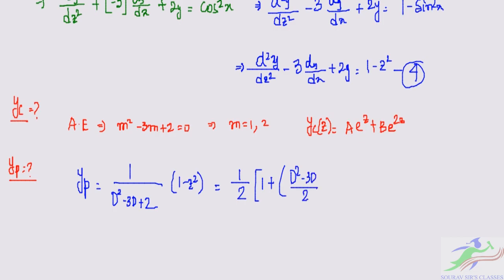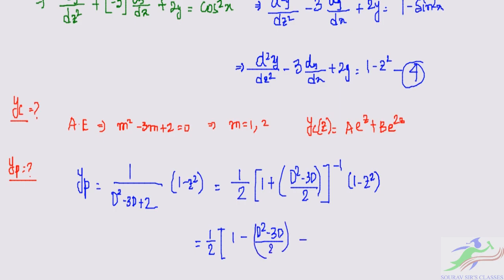You just simplify it, actually nothing complicated. Now if we expand the series, half of 1 plus d2 minus 3d by 2 whole square up to this, and the outside is 1 minus z square.